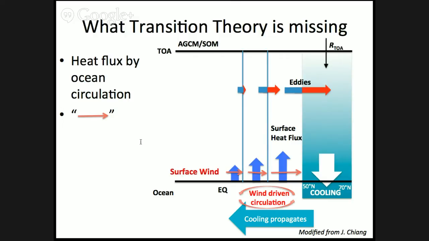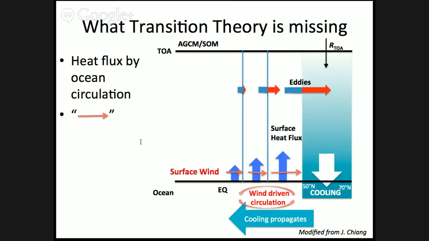But the previous atmosphere-dominant scheme is missing a lot of processes. For example, when the ocean is cooling, it induces the surface wind to change as well. The surface wind can change the wind-driven circulation in the ocean, and this anomalous circulation in the ocean can in turn affect the surface temperature, then in turn affect the atmosphere.